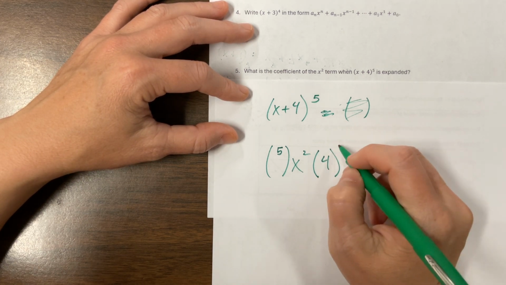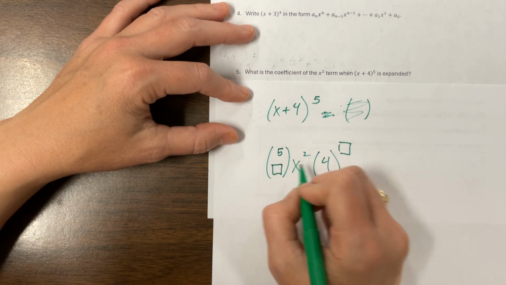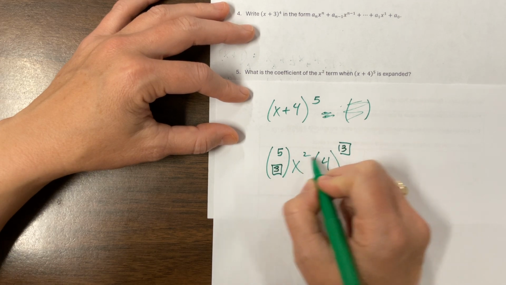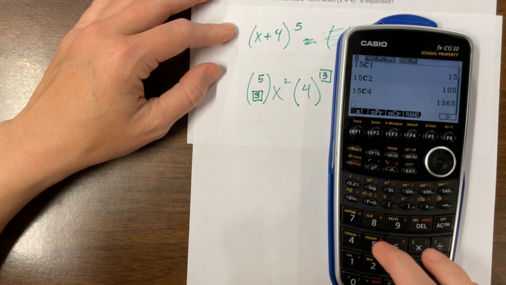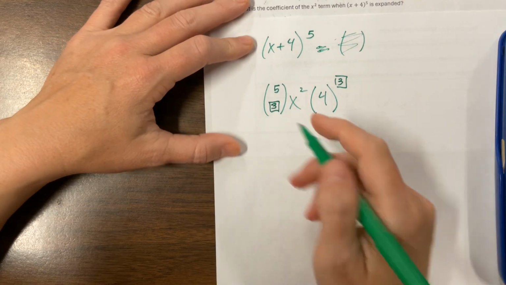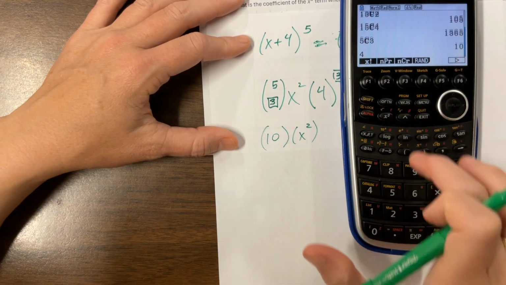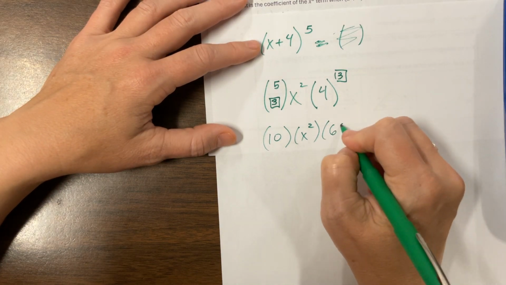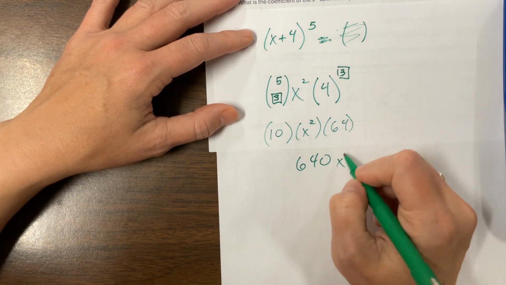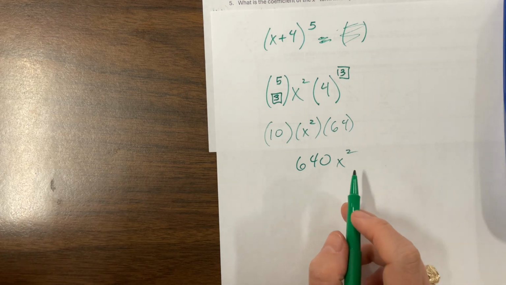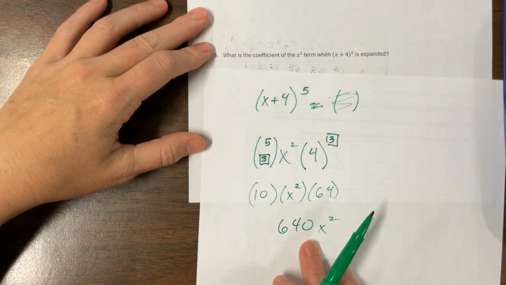This would be a 3, since the powers have to add up to 5. So to find this one, I'm going to do 5 choose 3, which is 10, times x squared, times 4 to the third, which is 64. They asked what the coefficient is. The term is 640x squared, but the coefficient is just 640.